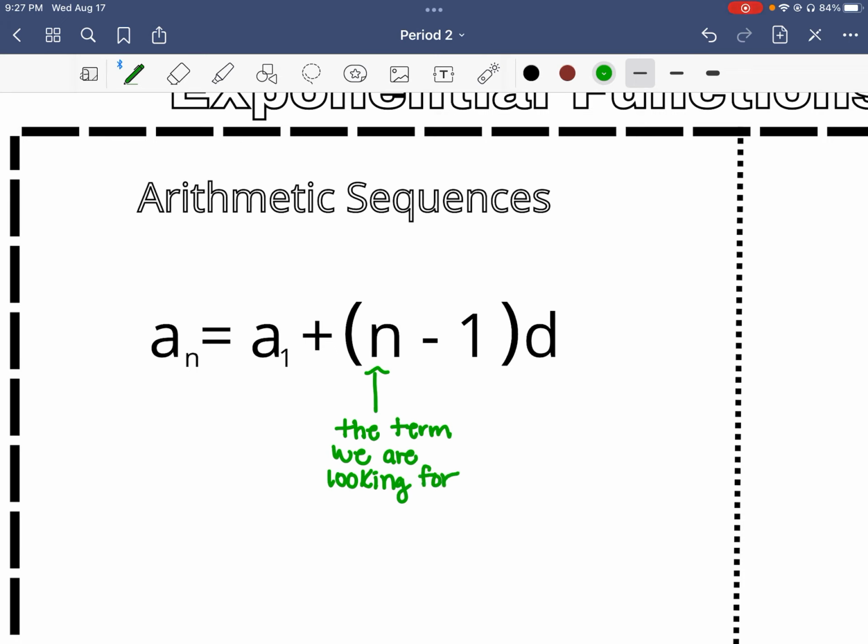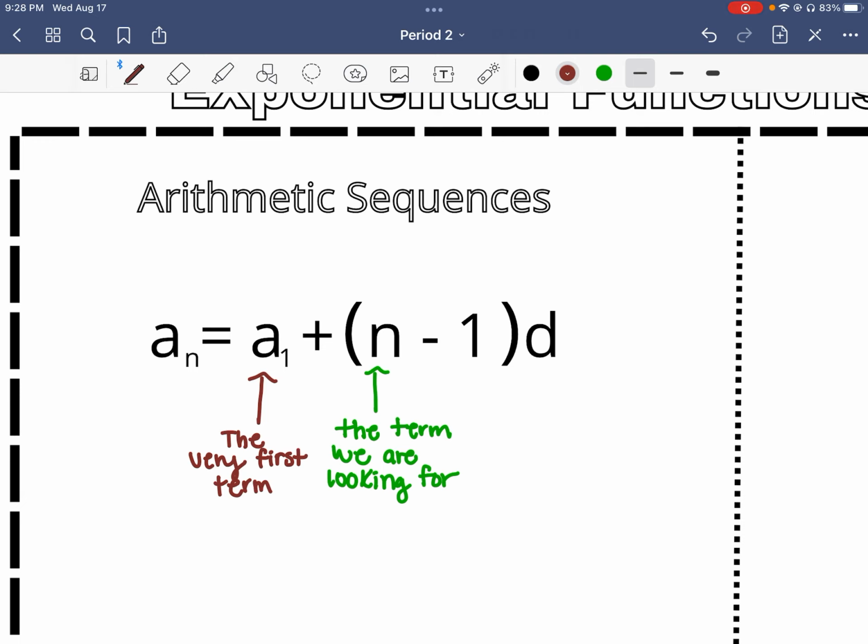Another variable that I see is this A1. A1 is the very first term. Now, you've been hearing me say term a lot. Term means the placement it has in our sequence.